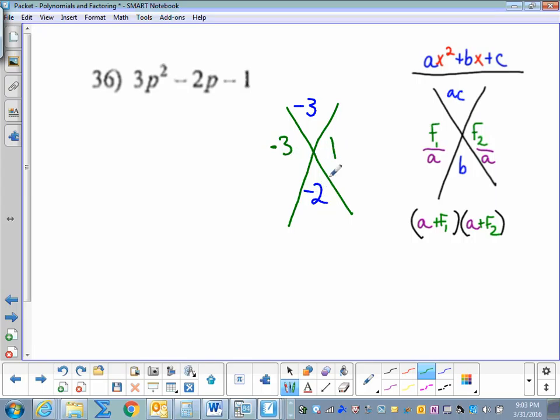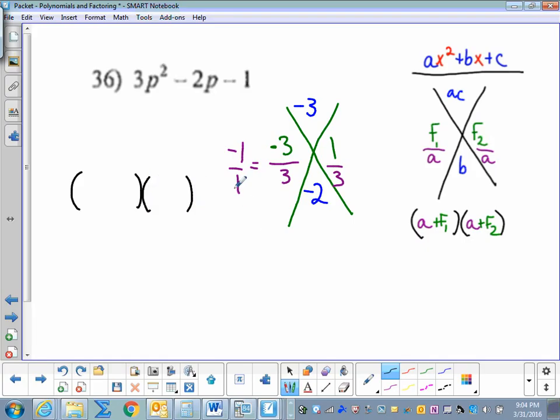All right, so now we're going to add the next step. We're going to take the leading coefficient of 3, and we're going to divide each factor by that. And then we're going to reduce. 1/3 is reduced. This one isn't, so we're going to write that as negative 1 over 1. So now we can factor.